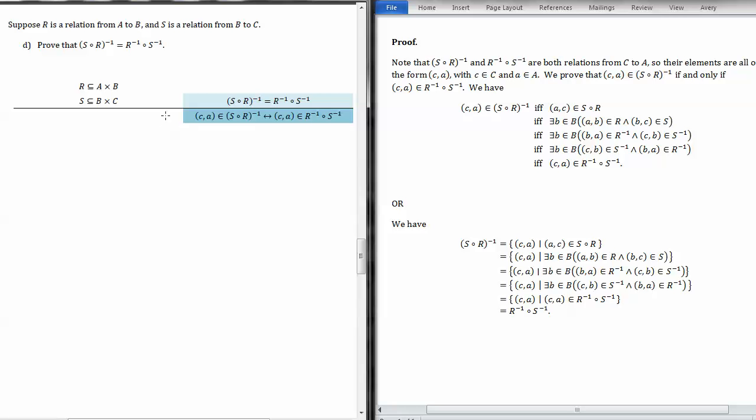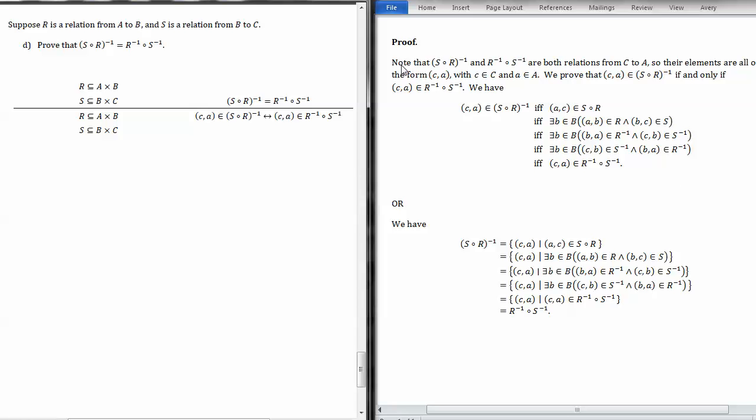And there's an implied for all A and for all C out front here, which we will not bother to write. All right, so we can do this in probably a lot of ways, but the two ways I'm going to show you are a chain of if and only if statements, and then a chain of equalities of sets. Which is basically the same as the first one, but a little bit more writing. So probably I like the first one better, but I want you to see both.